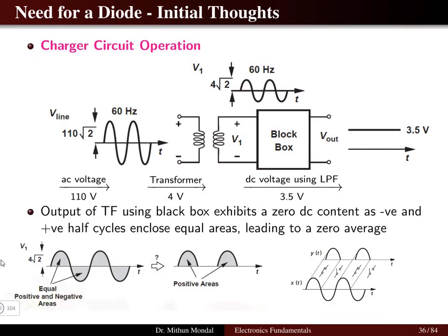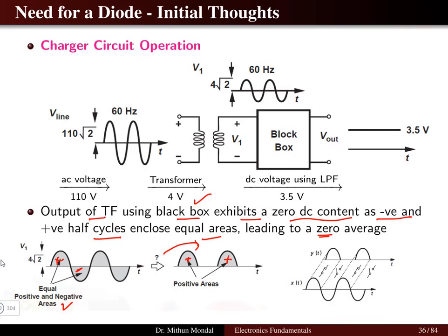So the output of the transformer, without the black box which is a diode here, exhibits zero DC content, as the negative and positive half cycles enclose equal area, leading to a zero average. So you can see that when we have positive and negative AC cycles of equal areas, only the positive half cycle we are getting at the output of the black box.